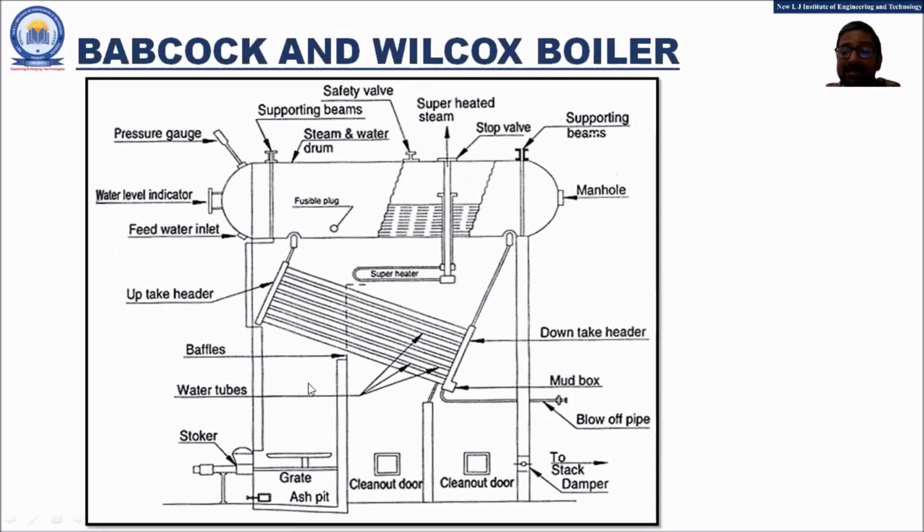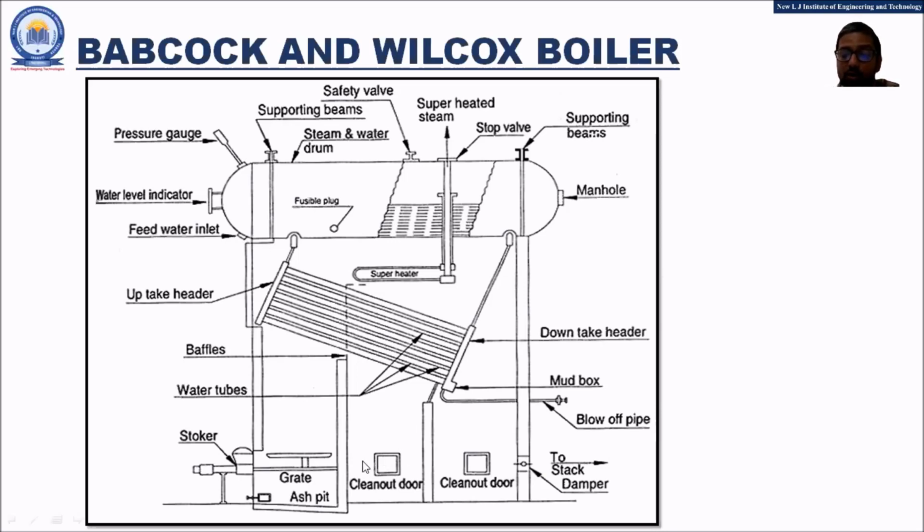The hot gases, after transferring their heat energy to the water, are now considered waste gases. There is no use of the waste gases, so they are passed on to the stack damper, finally collected in the smoke chamber. Through the chimney, they are released into the atmosphere.